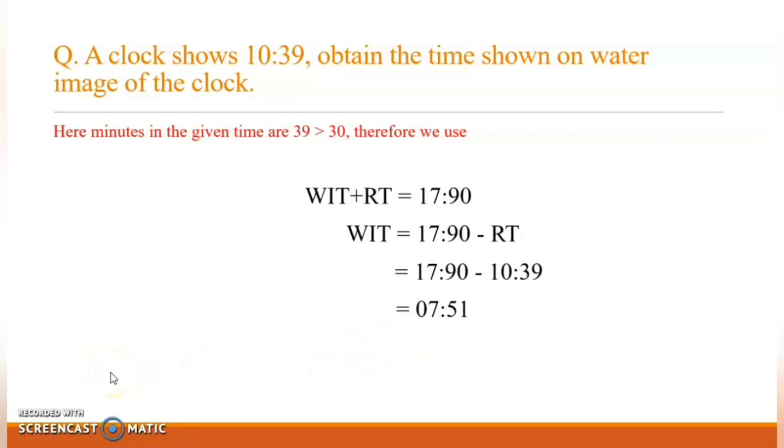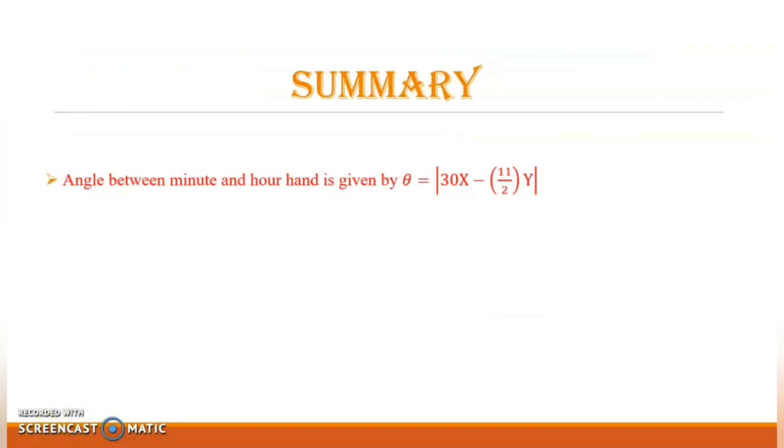Hence, we are done with the clock problems here. Let us look at what we have done so far. First, we obtained the formula to find the angle between the minute and hour hand, which is given by theta is equal to mod of 30x minus 11 by 2 y.